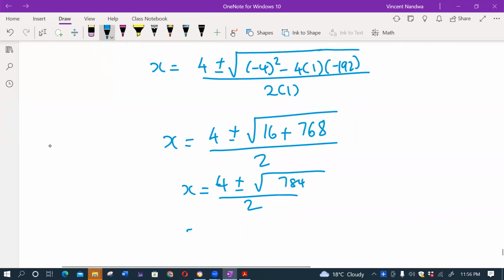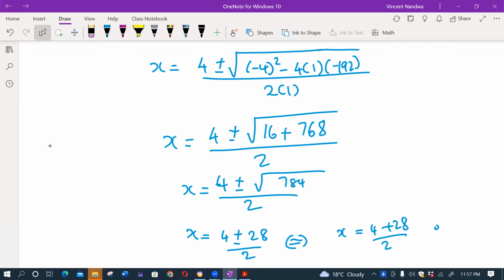So x equals 4 plus or minus 28 over 2, which means x equals 4 plus 28 over 2, or x equals 4 minus 28 over 2.